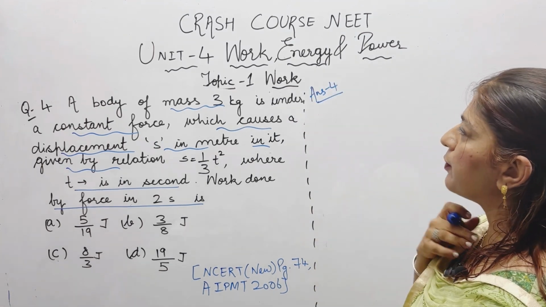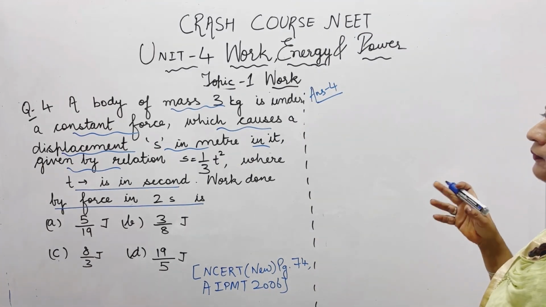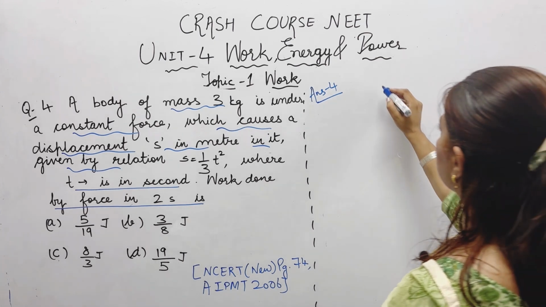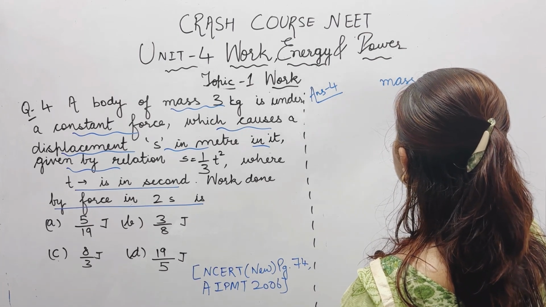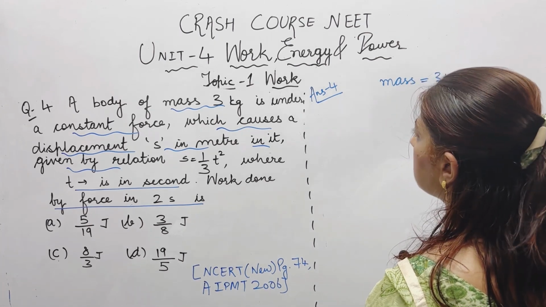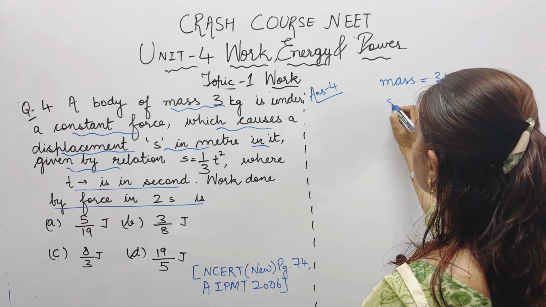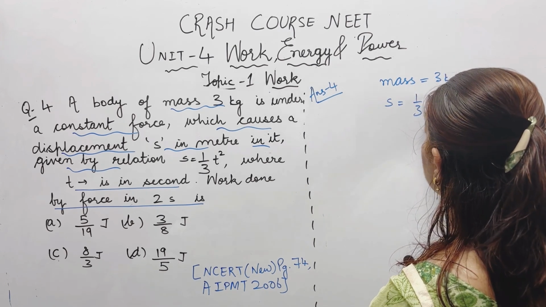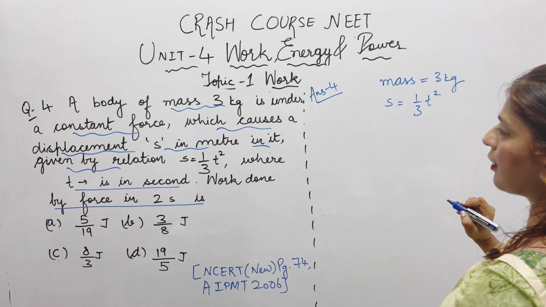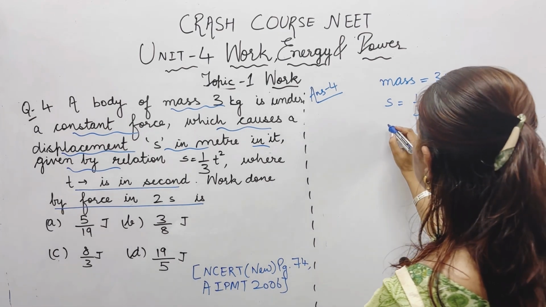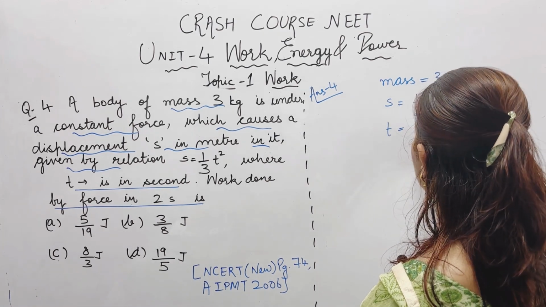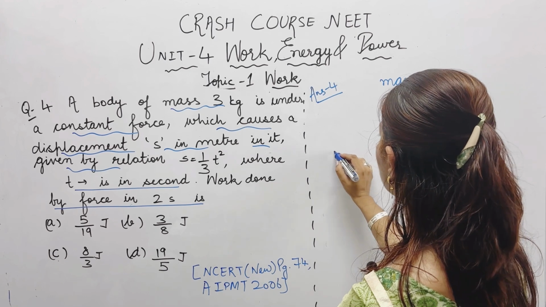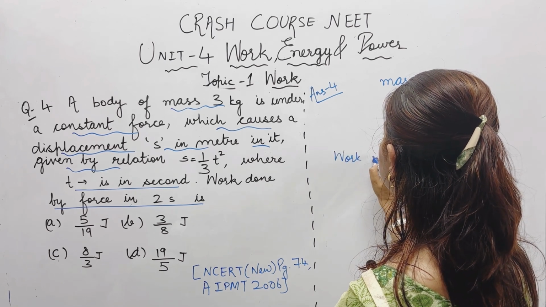This is a sort of numerical. Let us see whatever the things have been given. The mass is 3 kg, and the relation between displacement and time is given to us, s is equal to half 3t square, and the time given to us is 2 second, and we need to find out the work done.